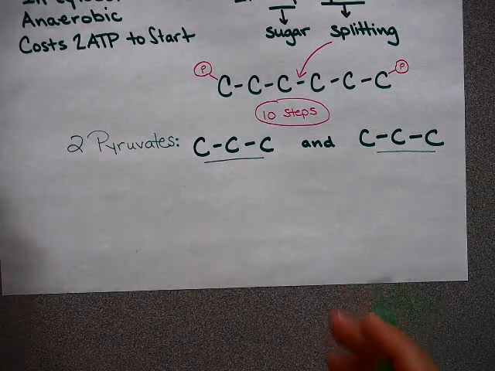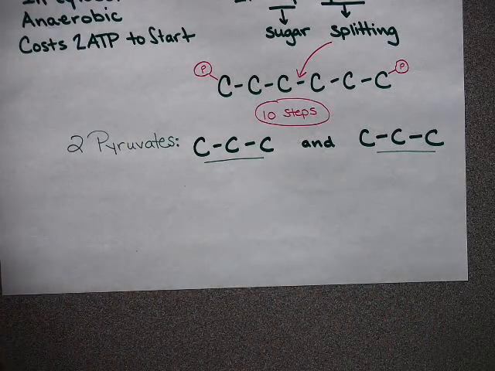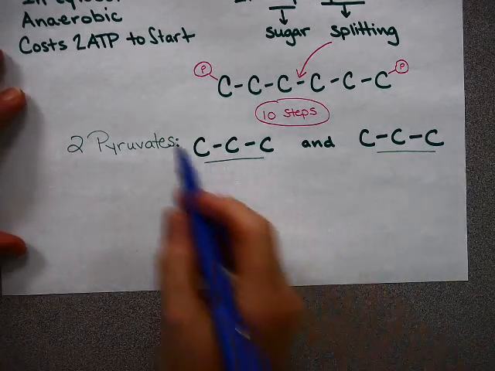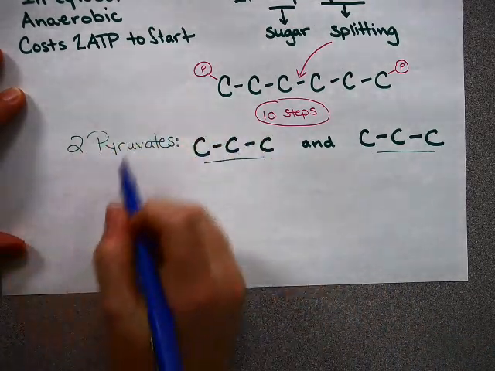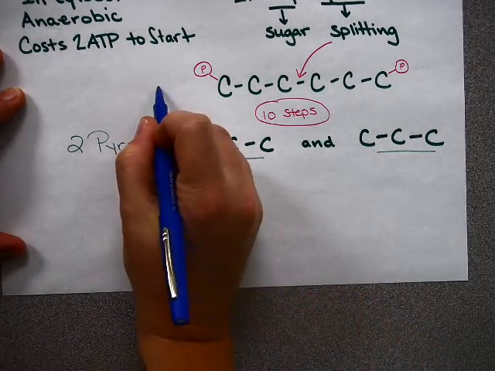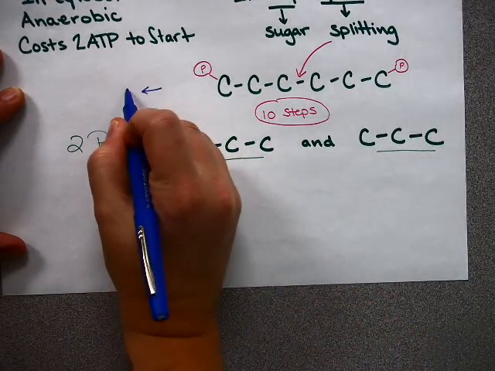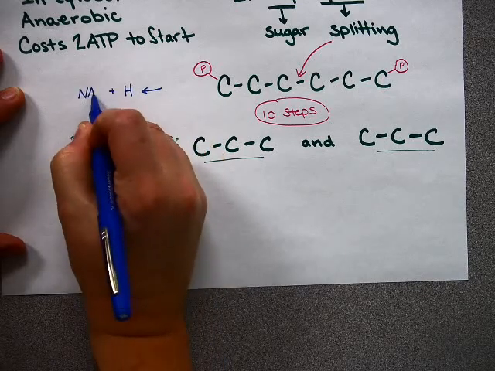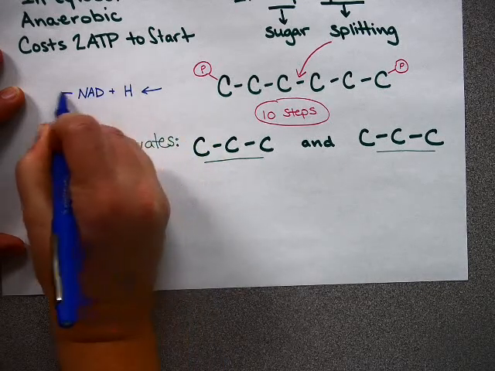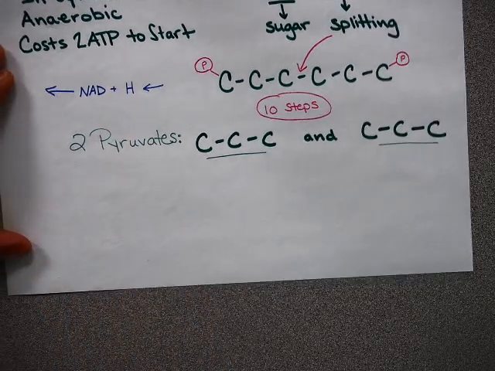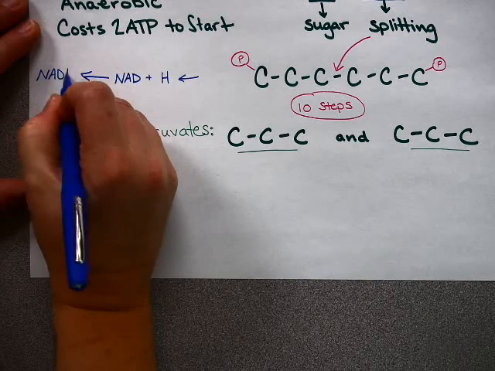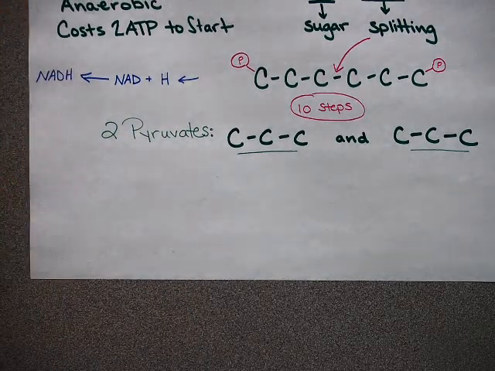So NAD is somewhere around here. And we did actually get maybe just a few H's from here. So let's see here. I'll put that one over here. So if an H comes off, it joins with NAD. Notice how I'm going backwards in my drawing. And then becomes NADH. And it's going to do like I just did.